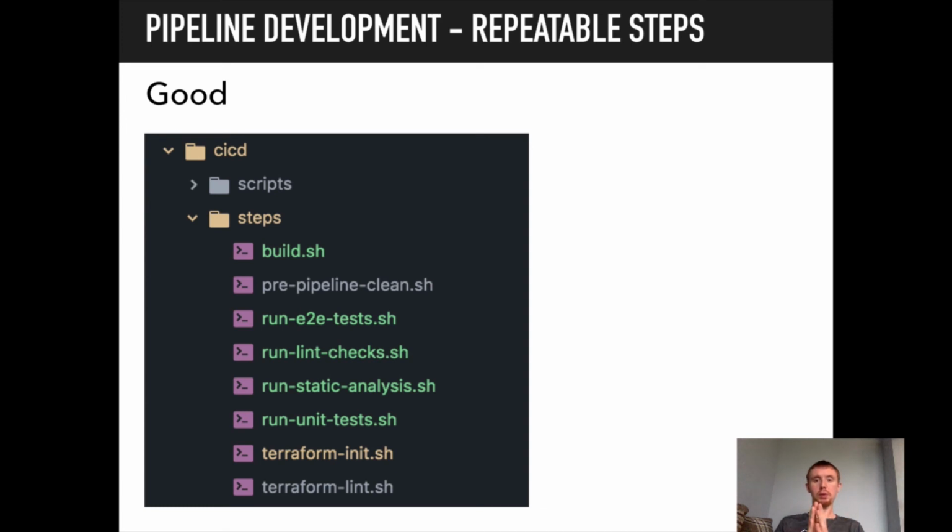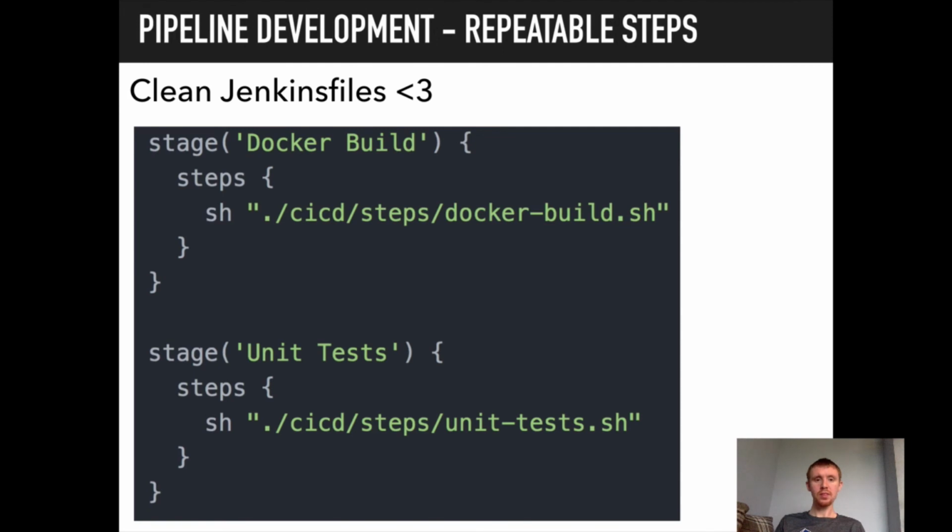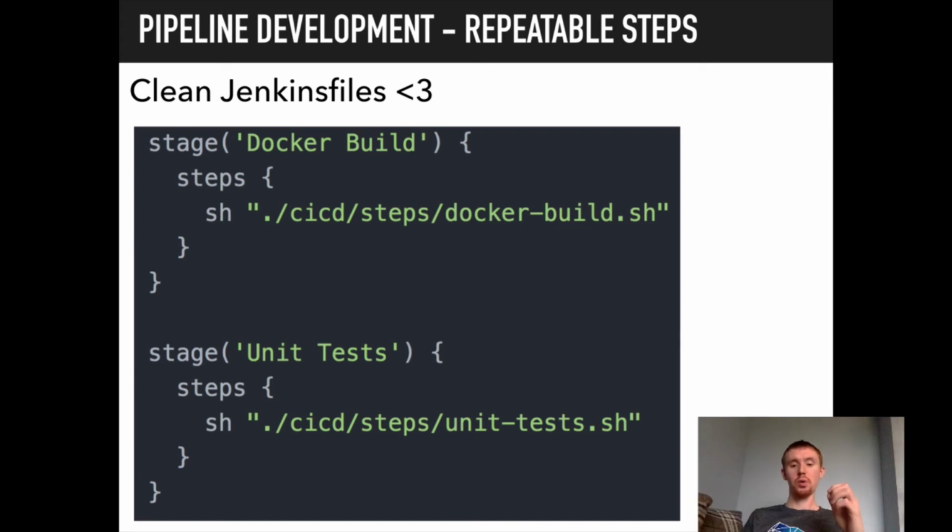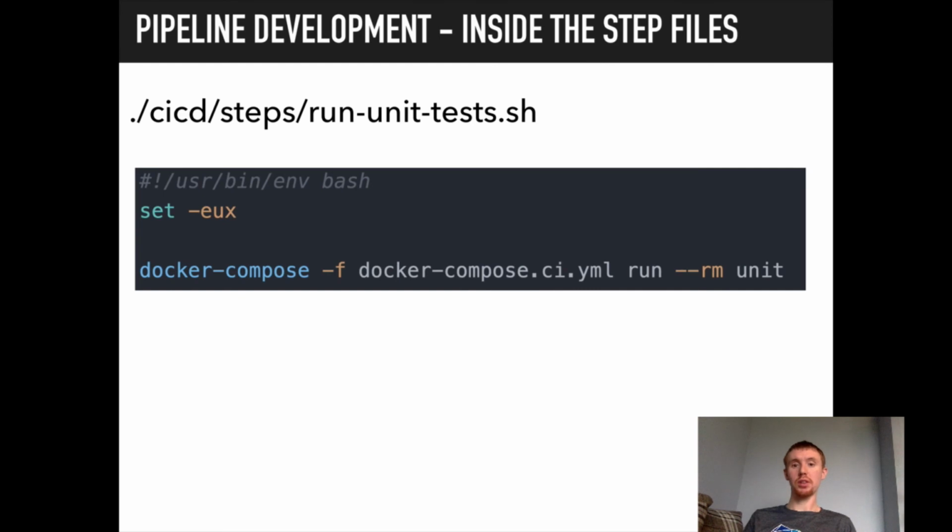When you break that coupling, then you can execute each step in isolation independently, and you no longer actually need your CI software mostly. And so here's an example of what your Jenkinsfiles will look like. Very clean, very simple, easy to read. When we're executing, for example, the unit-test.sh, this is what it will look like on the inside.